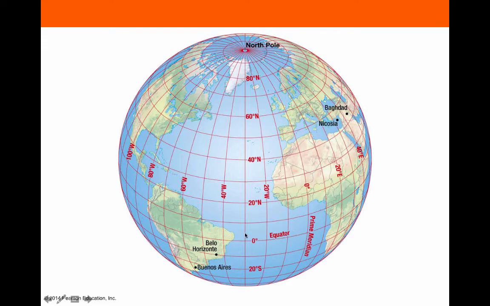So Ecuador is 0, and they're going to go north 10 degrees each up to 90 degrees, and they're going to go south 10 degrees each to 90 degrees south. And so the latitude, I always think flat or lines on a ladder. You guys probably have those memorized, no big deal.